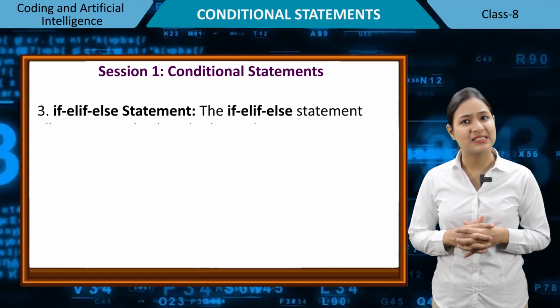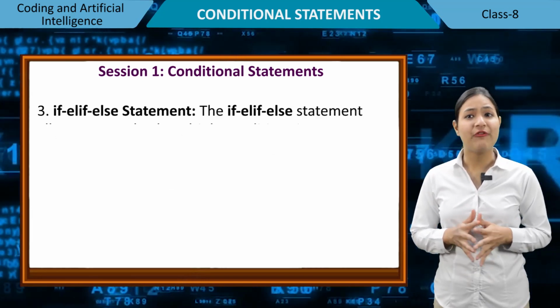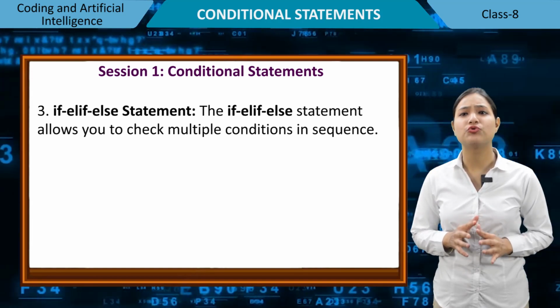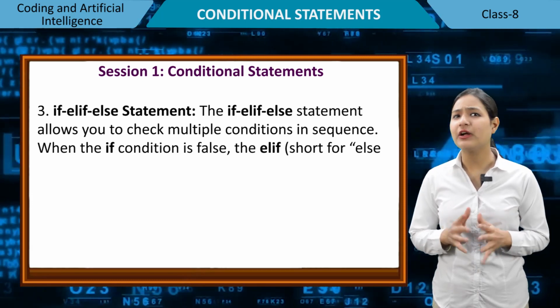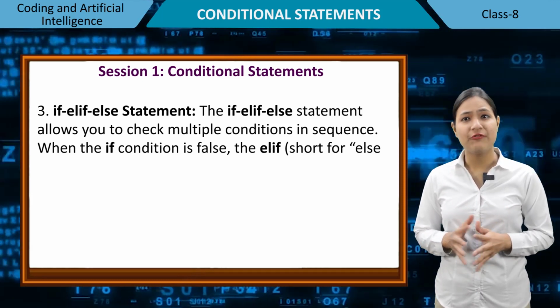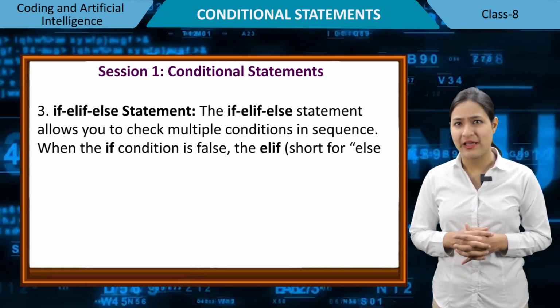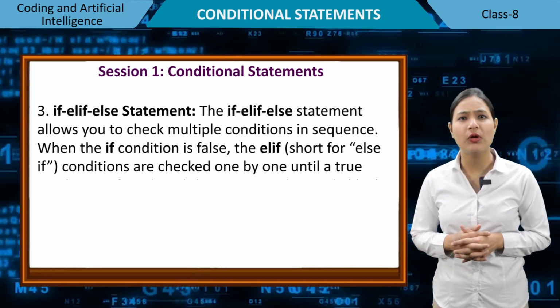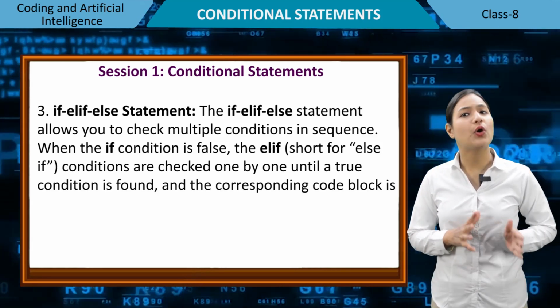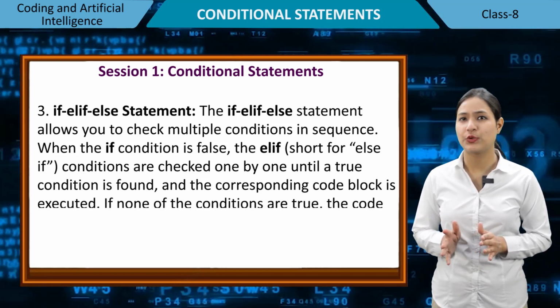If-elif-else statement. The if-elif-else statement allows you to check multiple conditions in sequence. When the if condition is not true, the elif, short for else if, conditions are checked one by one until a true condition is found and the corresponding code block is executed.